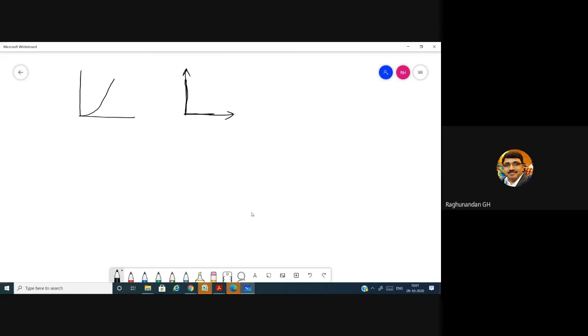This is the current and this is the voltage. So here, this is again the current and this is the voltage. You can observe that this is our ideal characteristics and this is the practical characteristics.